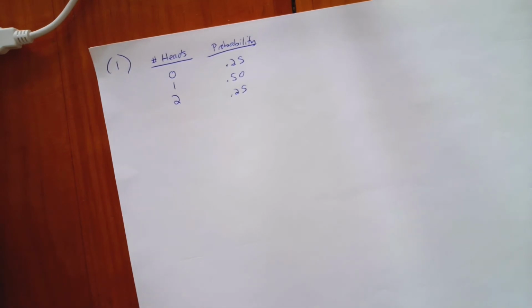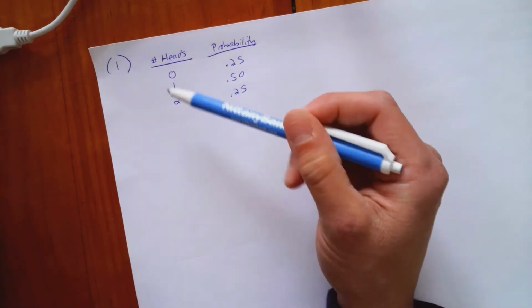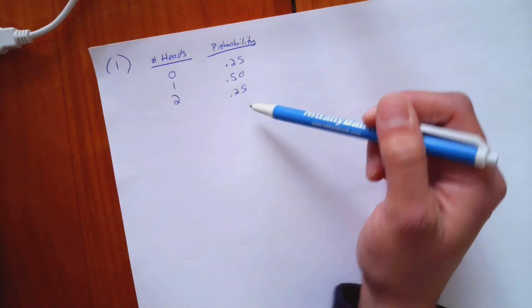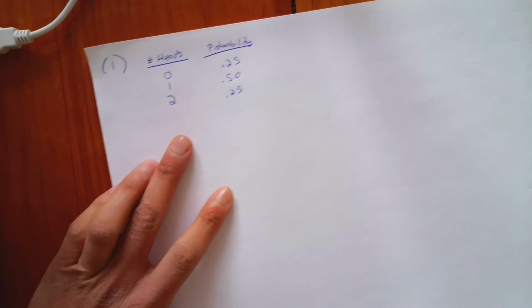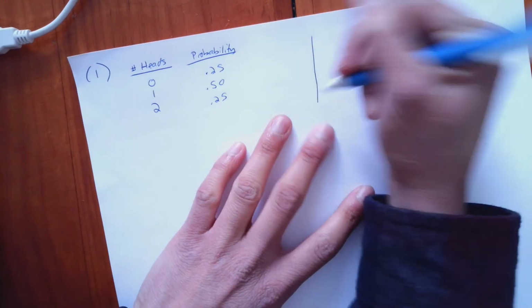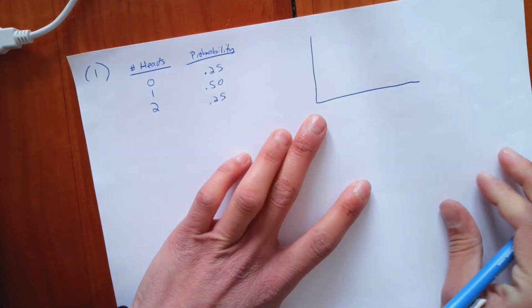So if you remember back a couple weeks ago when you had a frequency distribution, where you had the values of some variable and the frequency in this column here, we could graph that frequency distribution. And we can do a really similar thing here with a probability distribution.